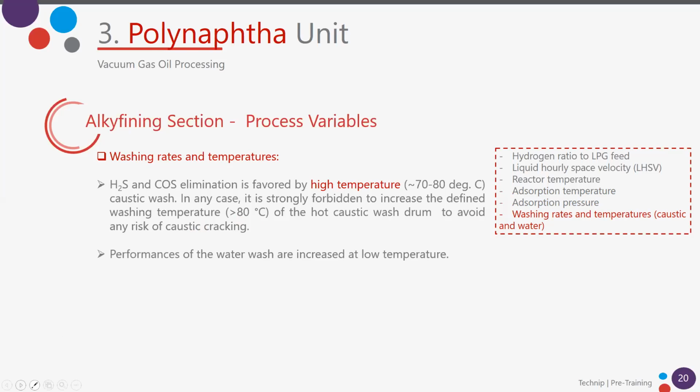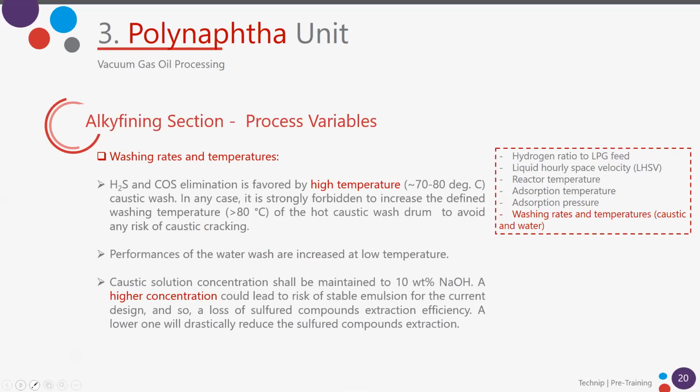And in the case of a water wash, remember that we use this water wash for the removal of oxygen compounds, mainly acetone, and also for the nitrogen compounds. So the performance of this water wash is increased at low temperature. That's why, remember, we cool it in this washing section.